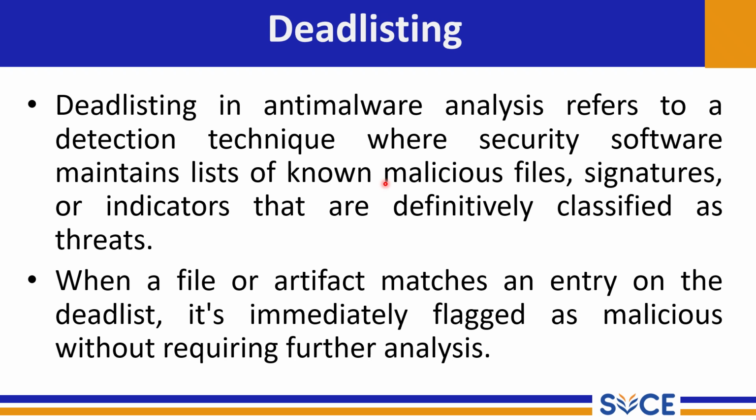And rapid spread: ransomware can spread quickly across networks, infecting multiple devices and systems. Next, sophistication: advanced encryption techniques make ransomware extremely difficult to remove or decrypt without the key.